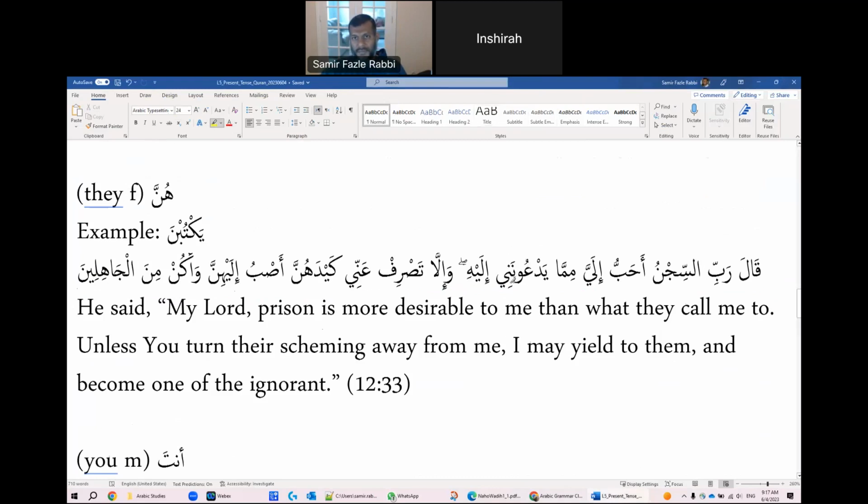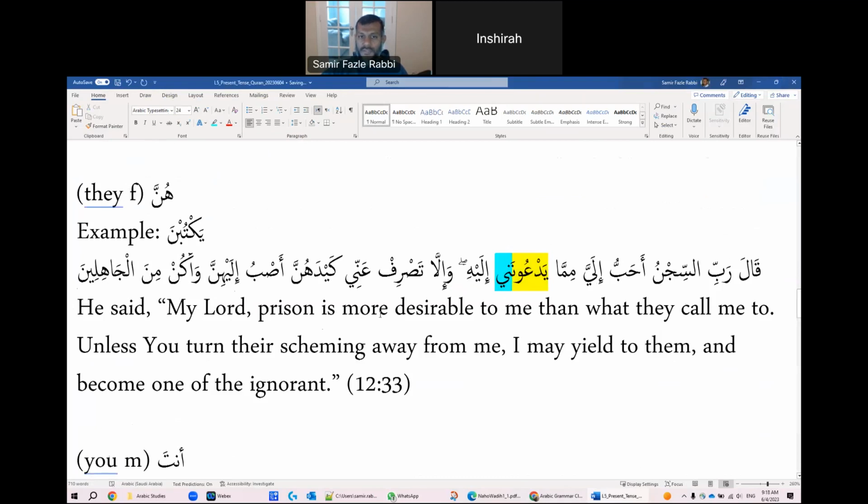What sometimes threw me off is the two dots. It looks like a ta. Yes. Oops. Control Z. He said, this is Yusuf.